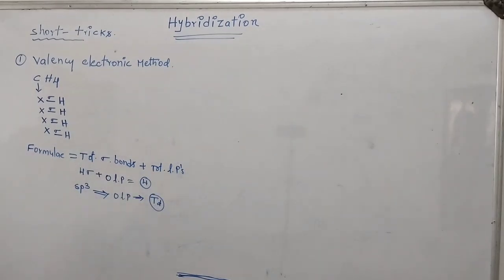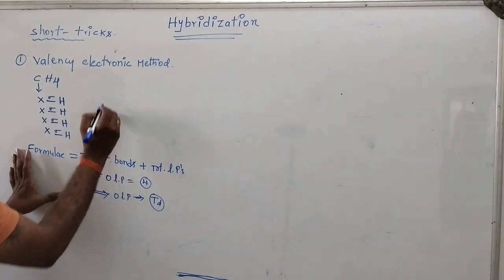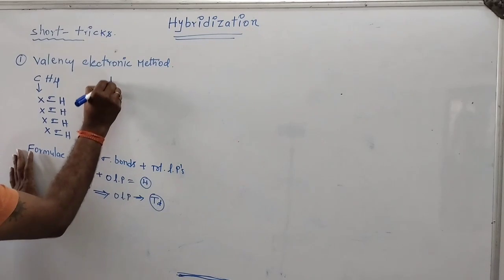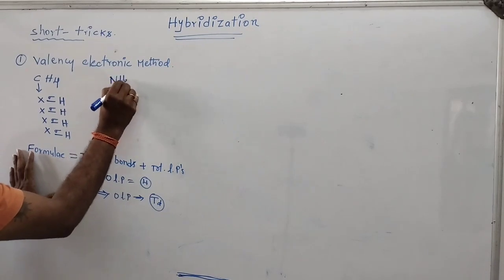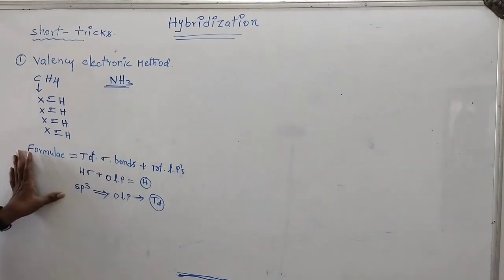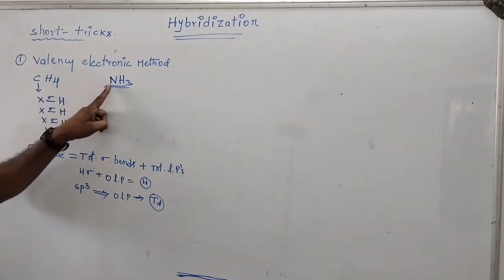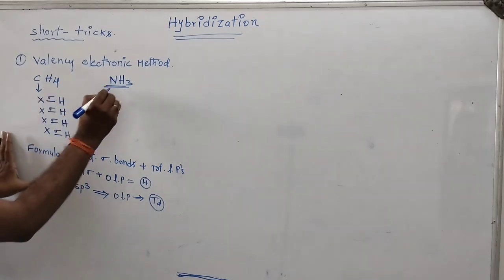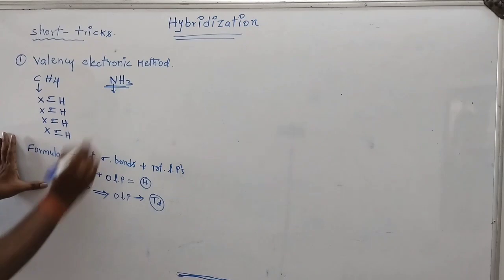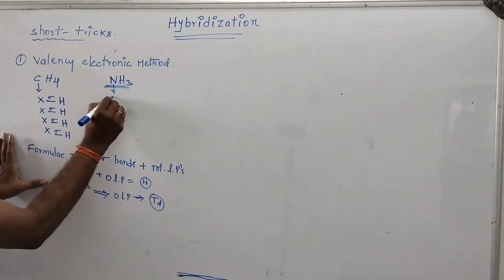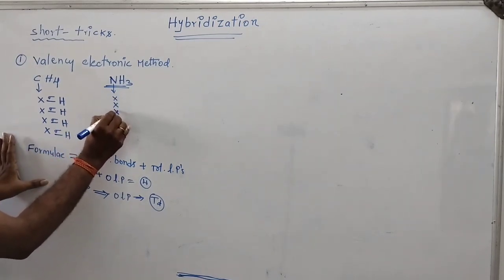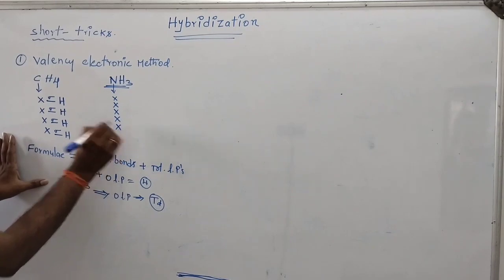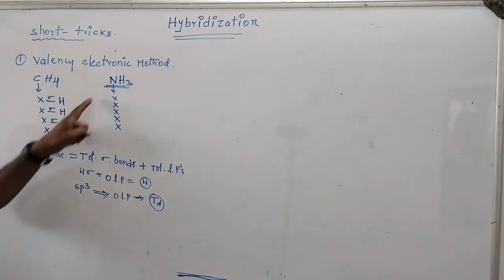Tetrahedral geometry. Next, if you take the ammonia molecule NH3, nitrogen is the central atom. Nitrogen belongs to fifth group, so here we will draw 5 electrons.